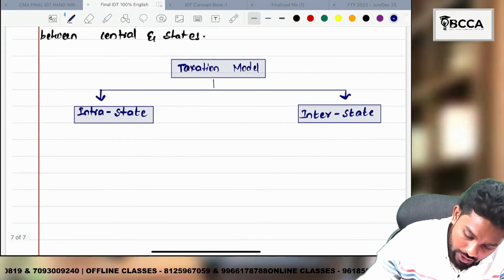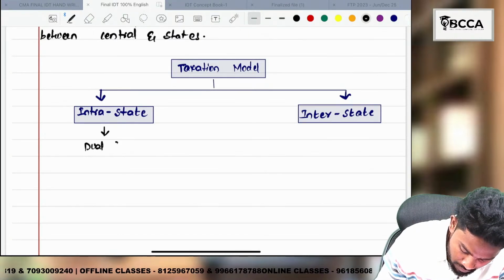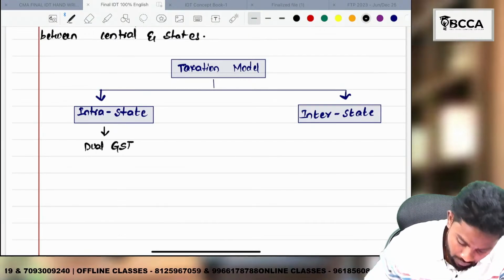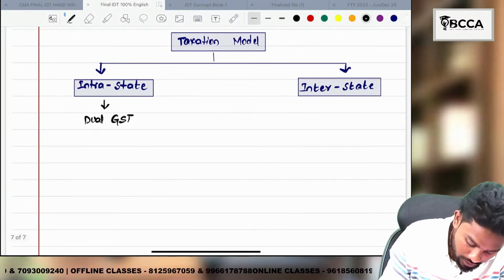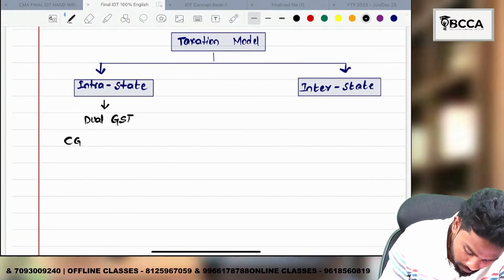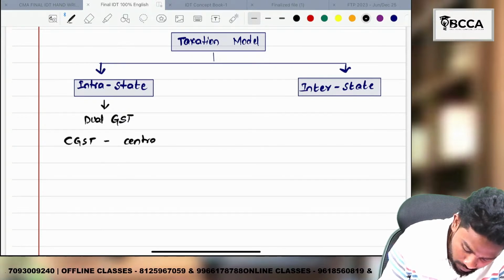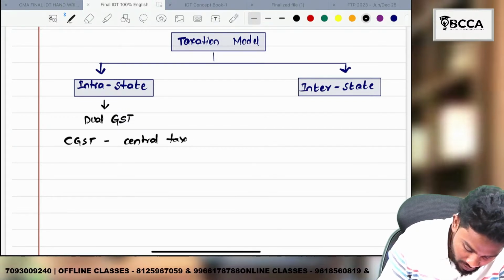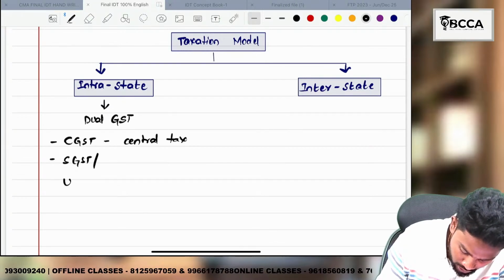On intrastate, there will be dual GST. What are those? There will be CGST, which is central tax, and SGST or UTGST.